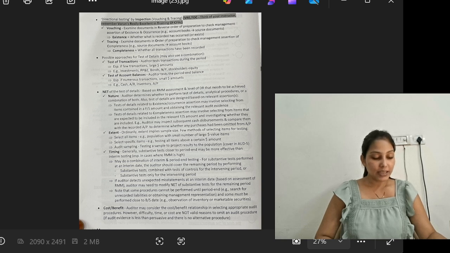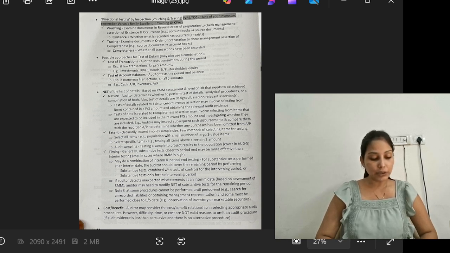Talking about the nature, extent and timing of the test of details, these are based on the RMM assessment and the level of detection risk that needs to be achieved. So for nature, the auditor determines whether to perform test of details, analytical procedures or both. Also, the tests of details are designed based on the relevant assertions.